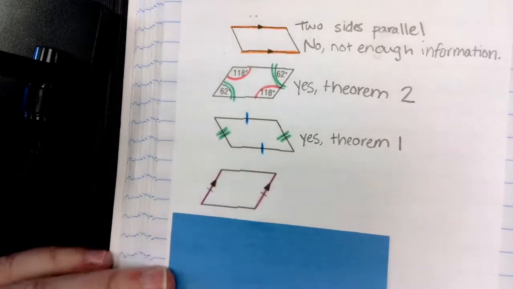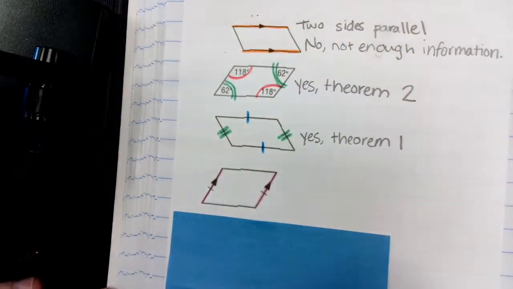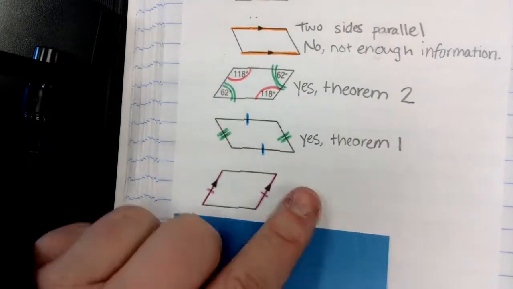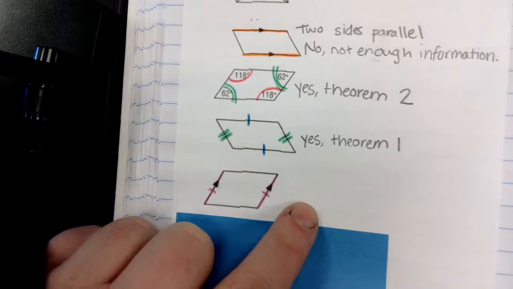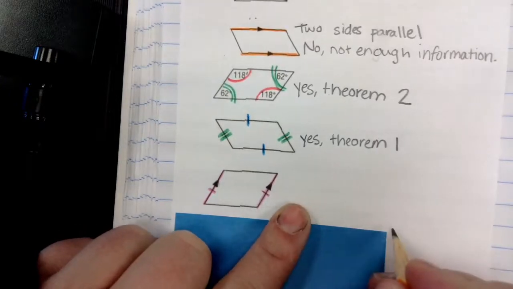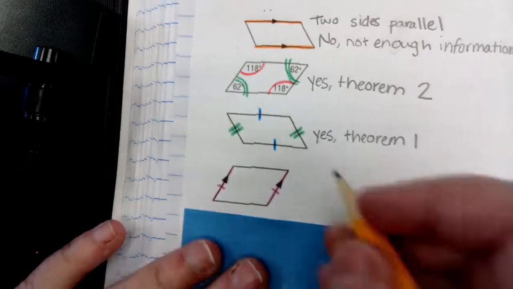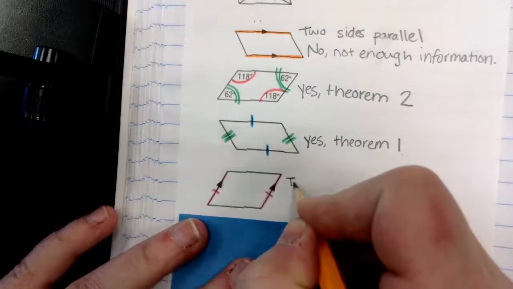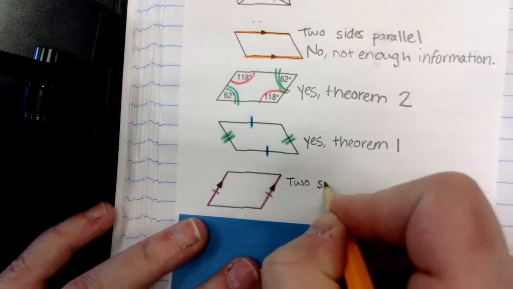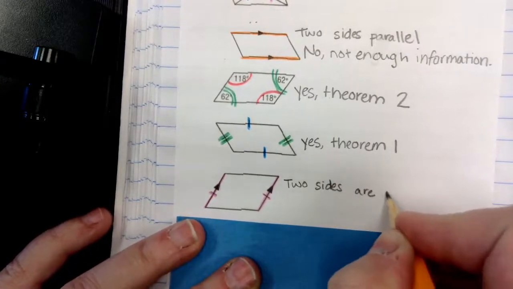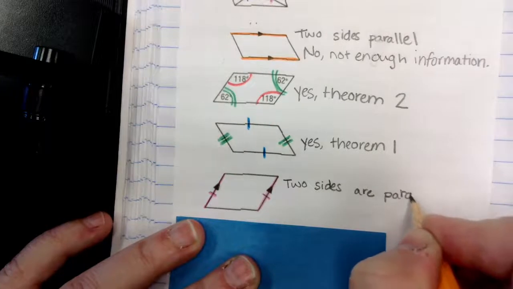The lines. Okay, so I'm going to write that. If you need to write that down to remind yourself what this meant, you can. If you looked at this and you knew right away it's parallel congruent, you don't need to do that. But what we know is that two sides are parallel and congruent.